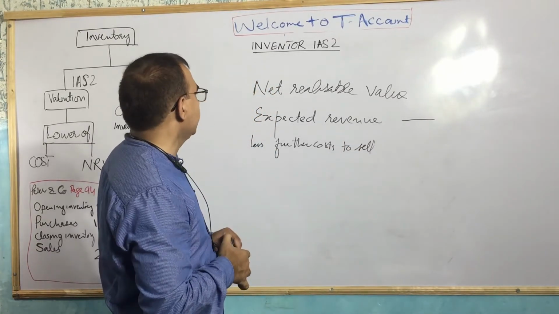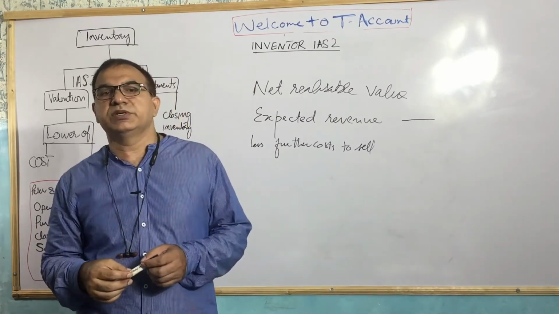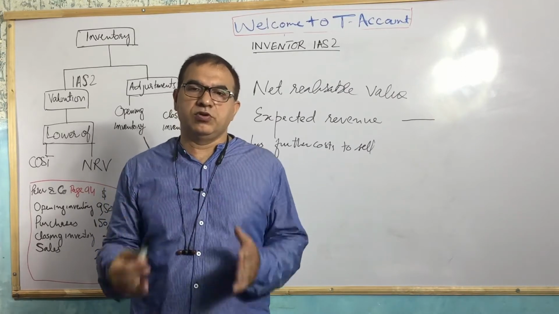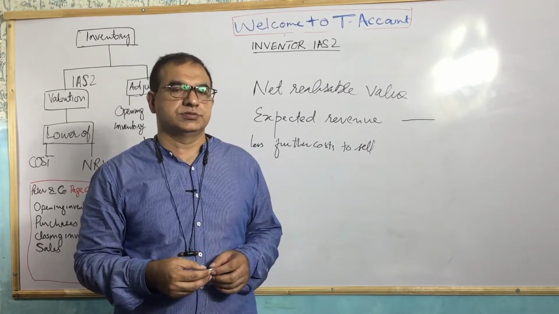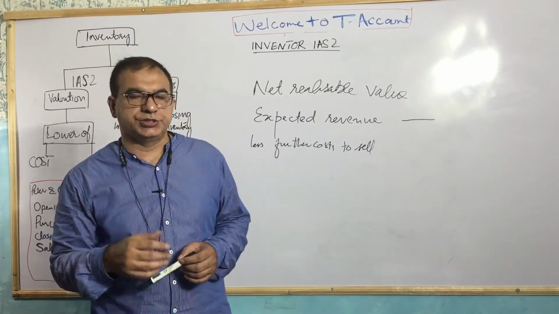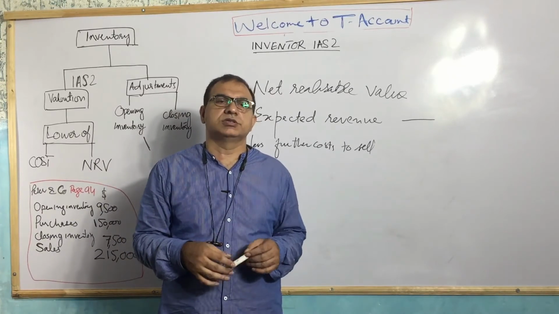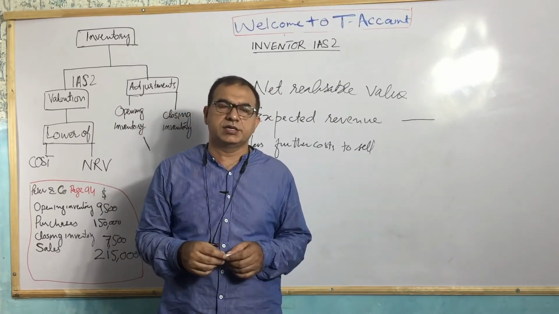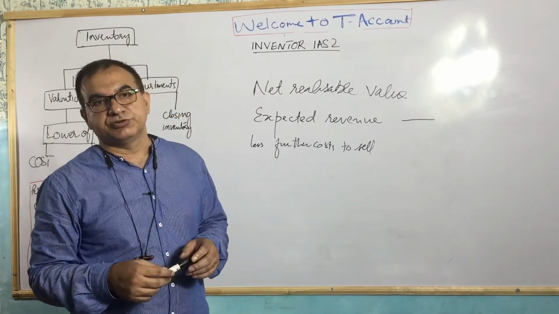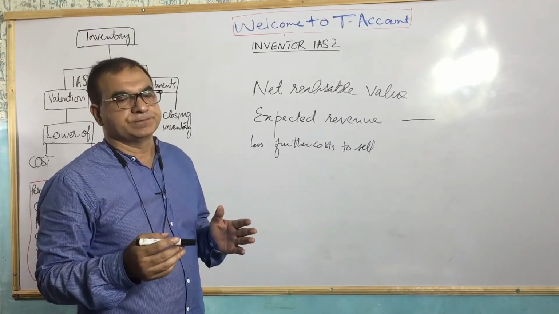Why we need this net realizable value: sometimes what happens is your inventories fall below your cost. Maybe they are damaged, obsolete, sitting in the stock for a long time, or some invention in the market has rendered them worth less than their actual cost. So we cannot overstate it.